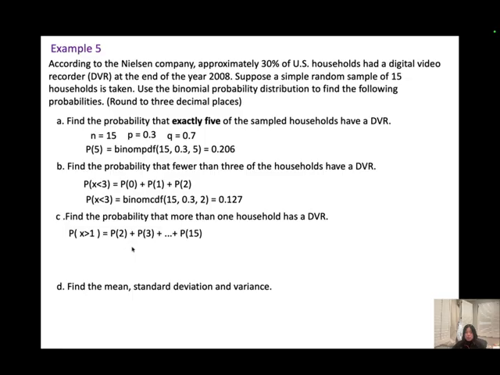So that will be 1 minus P of 0 minus P of 1. I put the bracket here, so this becomes a plus. And then 1 minus binomCDF until the x here, which is going to be your 1. You should get 0.965.